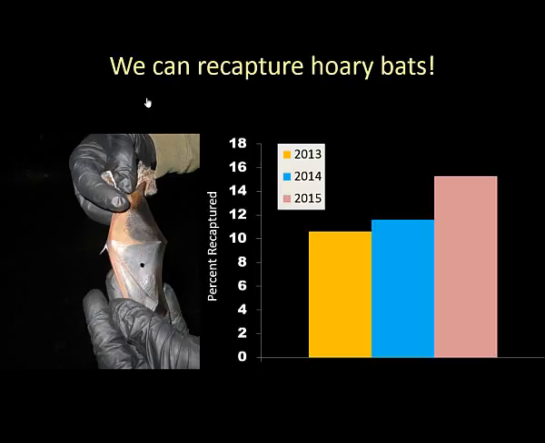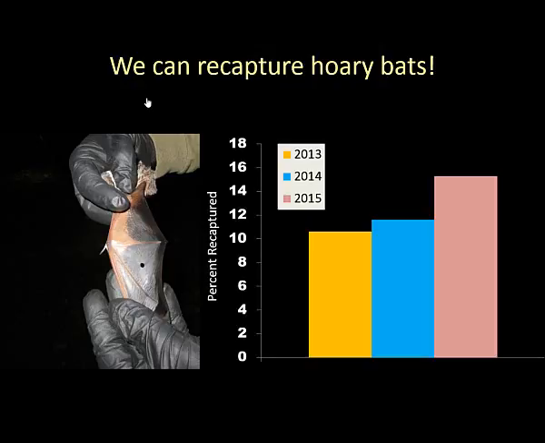And as fate would have it, the exact same night that the homosexual hypothesis was proposed to me was the first night that we discovered that we could recapture hoary bats. We know that because there's a tissue biopsy hole that we used to obtain the genetic material, and we captured a bat, went to take another tissue sample from it, and found that we'd already captured it.